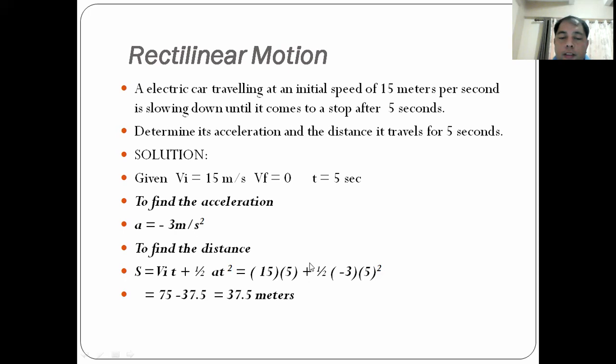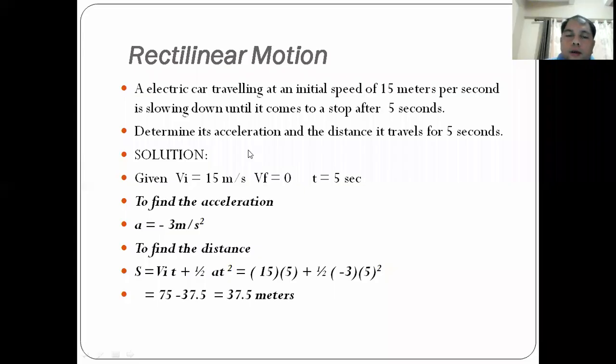So 15 times 5 gives us 75 meters. However, 1/2 of -3 times 5 squared gives us -37.5 meters. So the distance traveled for 5 seconds would then be equal to 37.5 meters.